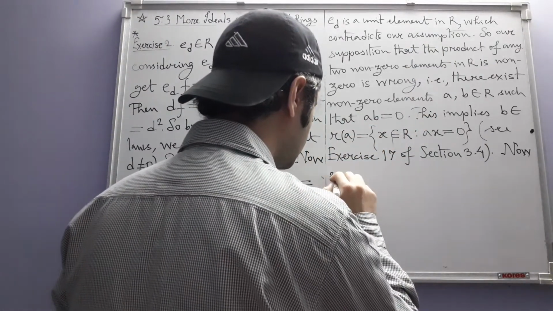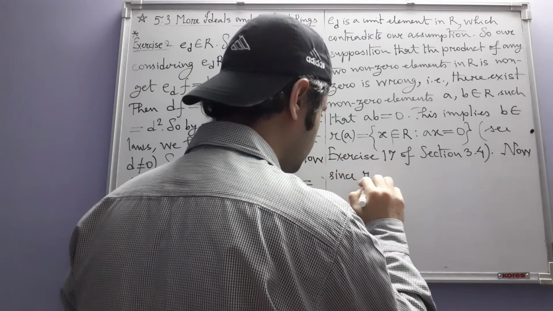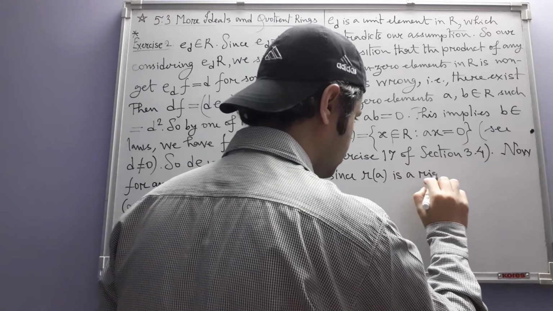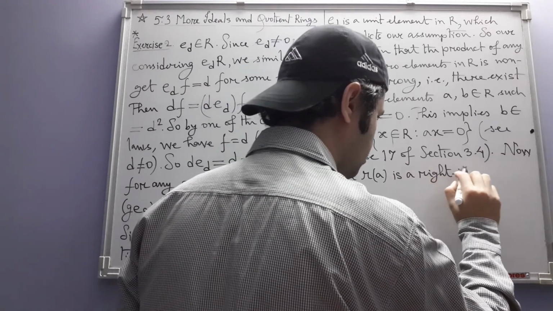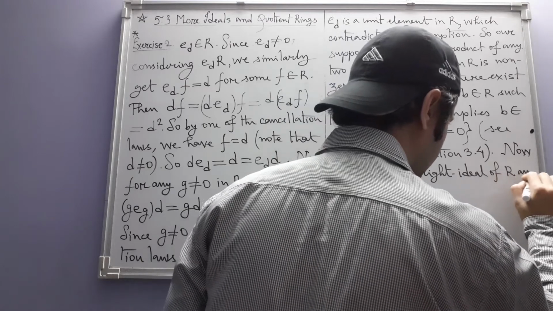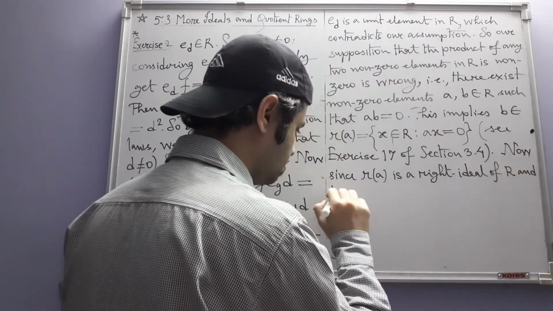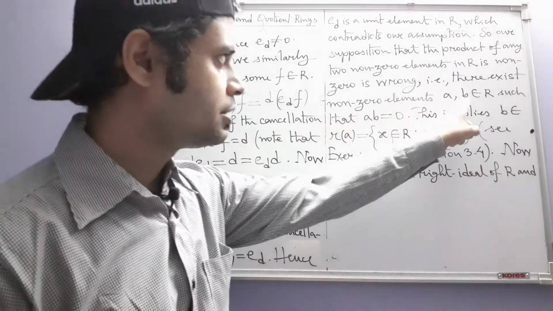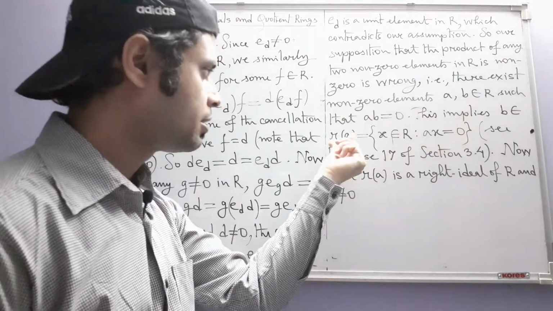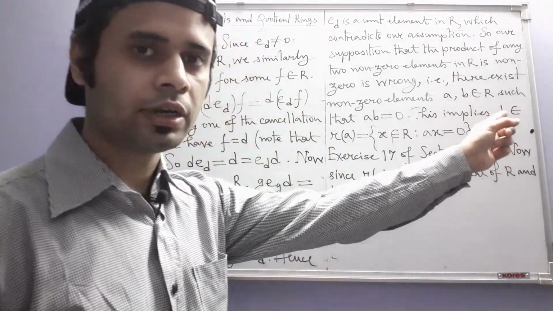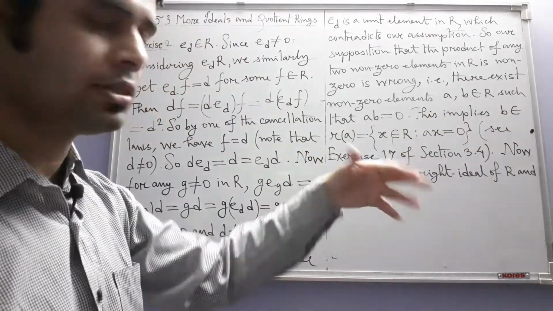Now since Ra is a right ideal of R and B is not equal to 0, you see non-zero elements A and B. So the right ideal Ra contains a non-zero element B, so it cannot be the zero ideal.